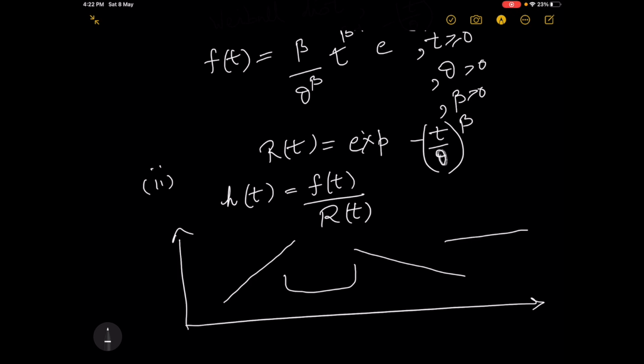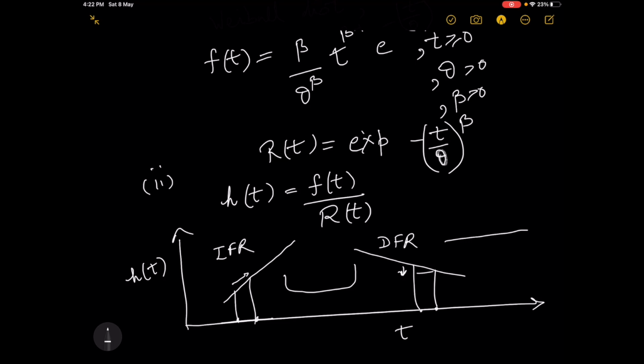So what we mean to say is, if the time increases, and the failure rate keeps on increasing, this is IFR, increasing hazard rate. Opposite is the case in the decreasing hazard rate.